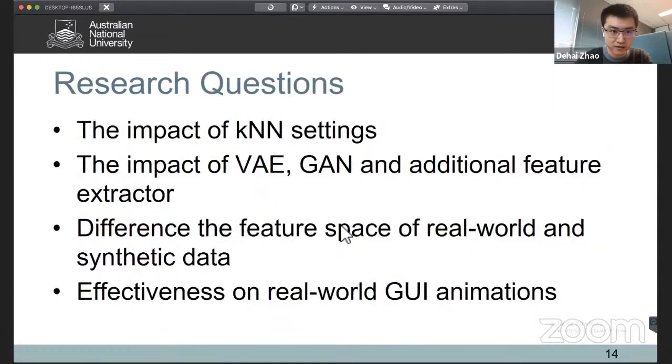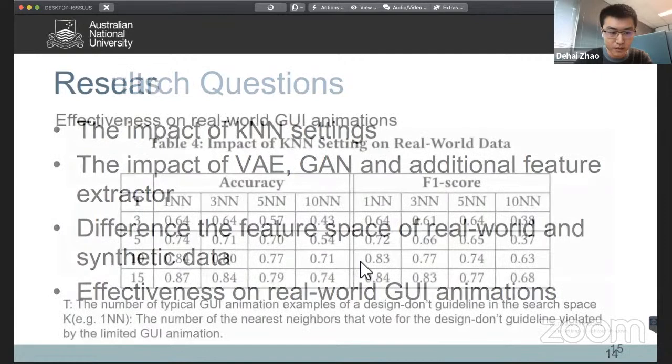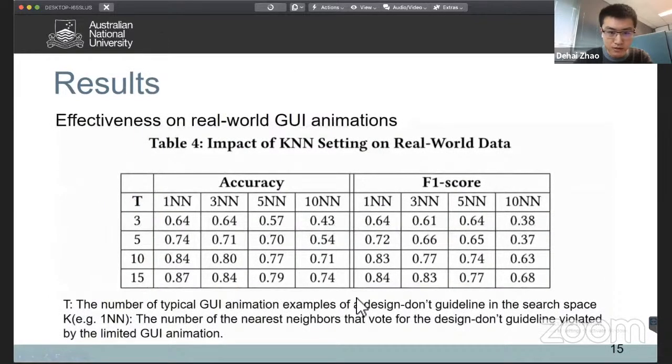In this work, we consider the 4 research questions. Due to the time constraint, I only show the effectiveness result on real-world GUI animations. This is the result of accuracy and F1 score.